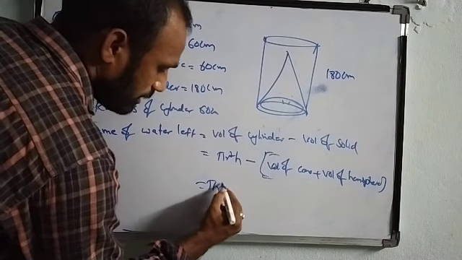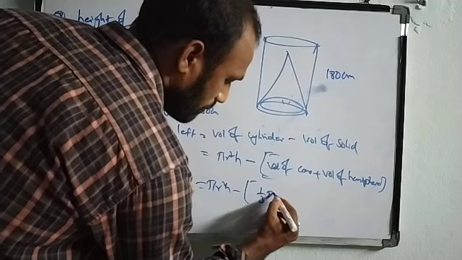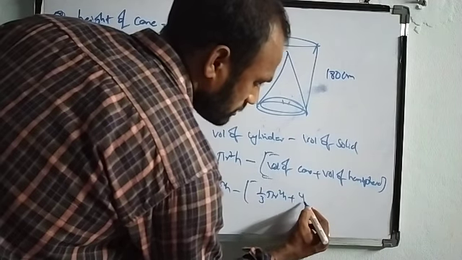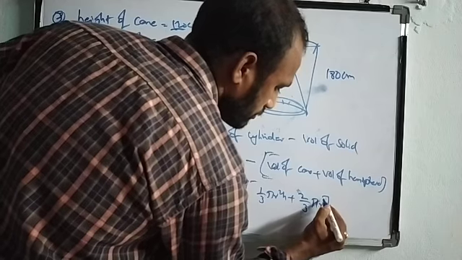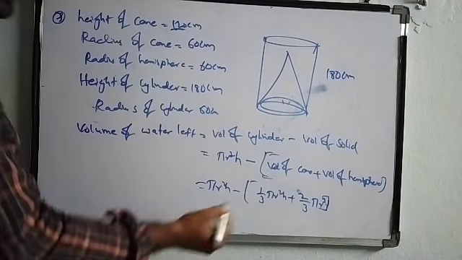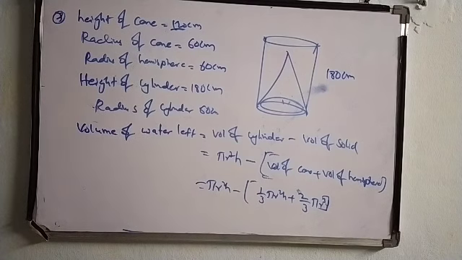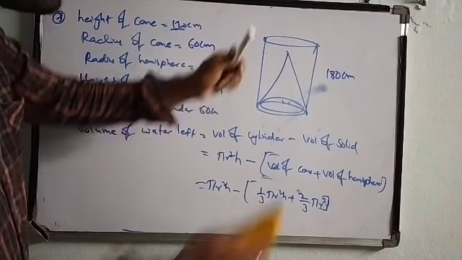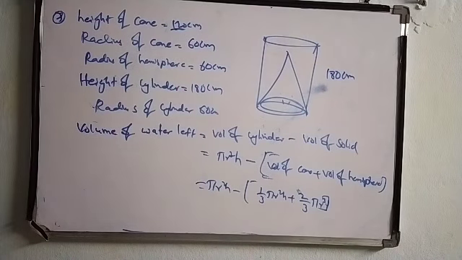That is pi r square h minus, volume of the cone 1 by 3 pi r square h plus 2 by 3 pi r cube. If you substitute the values in this, you will get the answer. How much volume of water is left is nothing but the total cylinder volume, if I remove this volume, I will get how much water is going to be left.